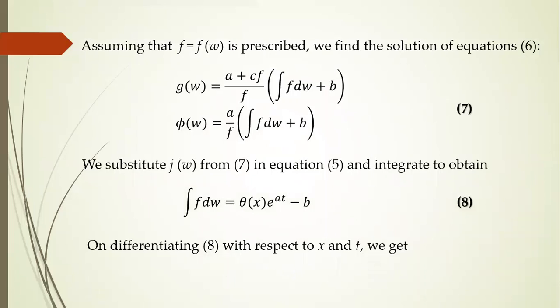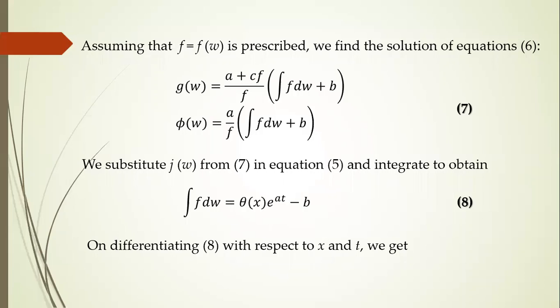Assuming that f = f(w) is prescribed, we find the solution of equations 6: g(w) = (a + c) / f ∫f dw + b, phi(w) = a / f ∫f dw + b.